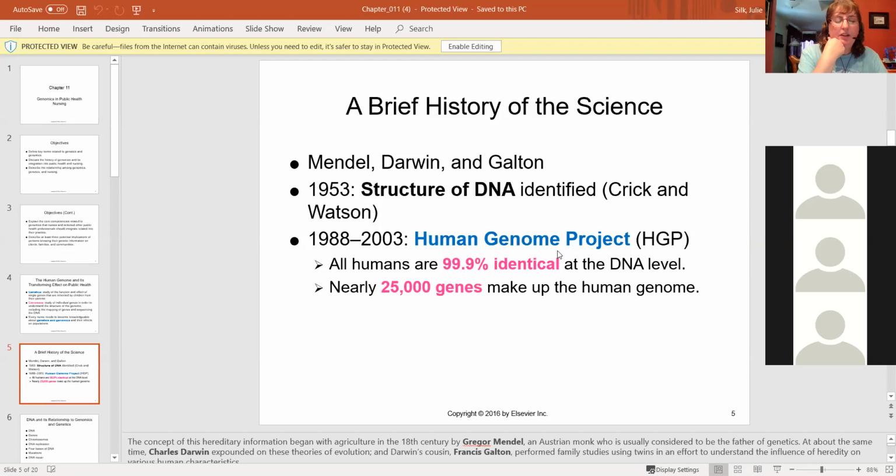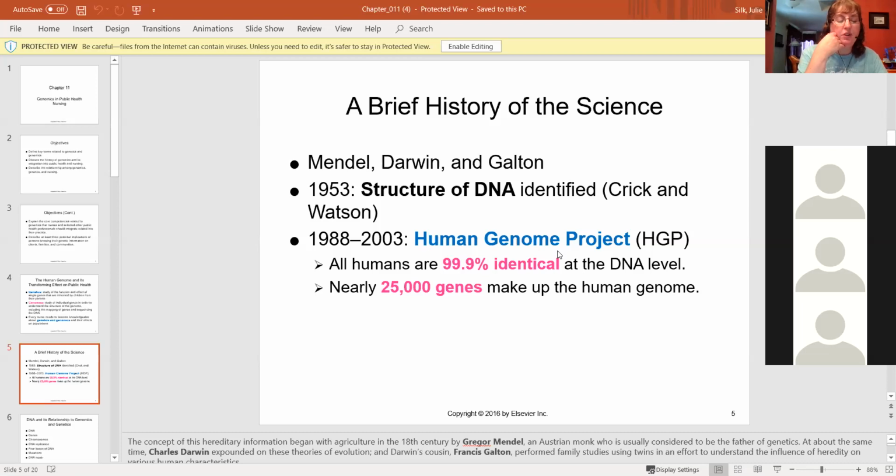Back in the late 80s, they came up with the Human Genome Project. This is an international genome project funded by the US Congress, and it was completed in 2003. It mapped out all of the approximately 25,000 genes in human DNA.